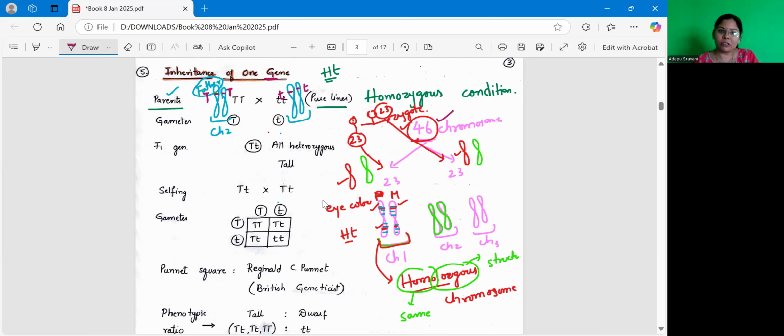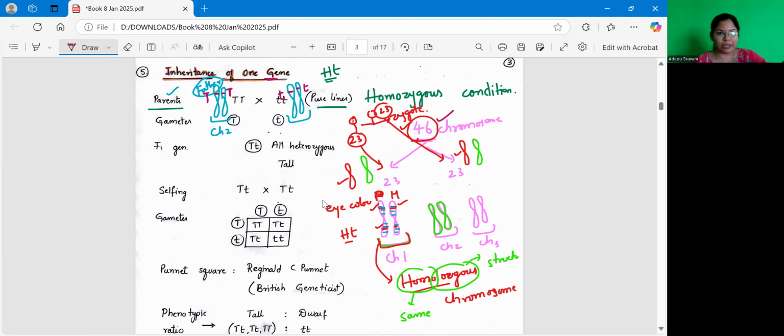So the pea plant also is a diploid plant. Clear? So there also we'll have some diploid number, and there will be homologous chromosomes. Say, for example, in chromosome number 2, we have the capital T and capital T. Both of the homologous chromosomes have got the dominant genes. So both of the genes which are present in homologous chromosomes, we call them alleles.